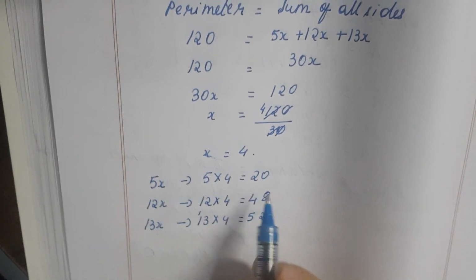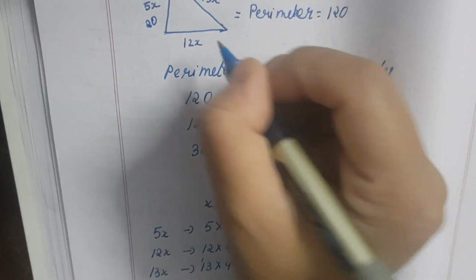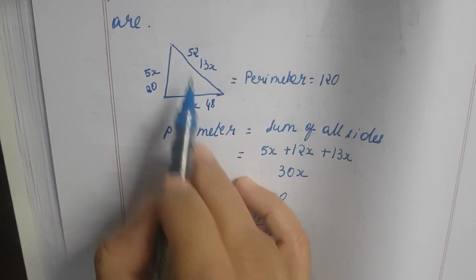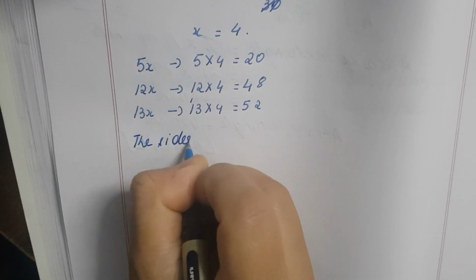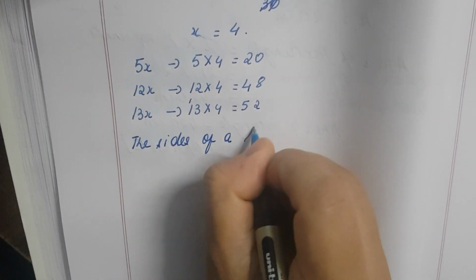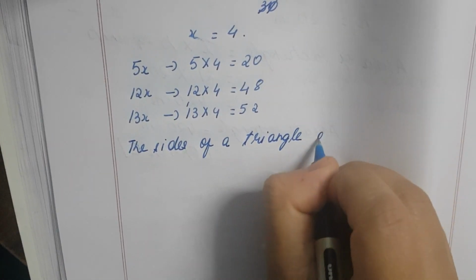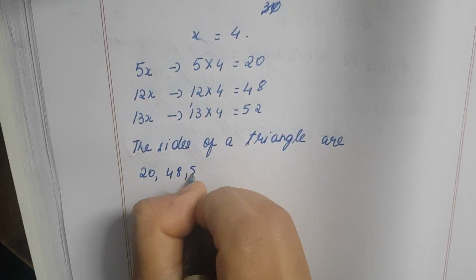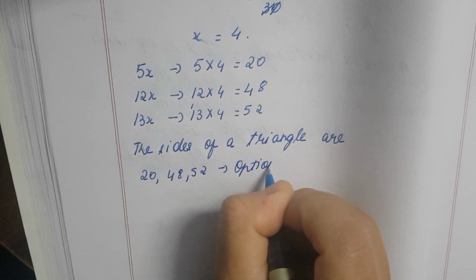So the sides are 20, 48 and 52. The sides of the triangle are 20, 48 and 52, which is option D.